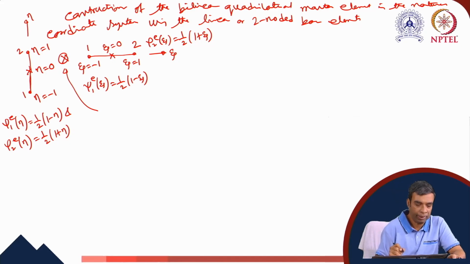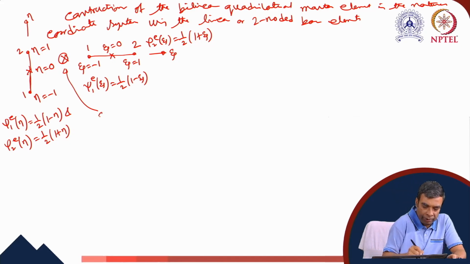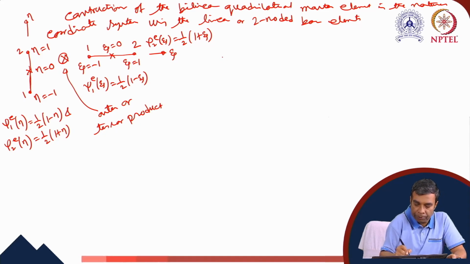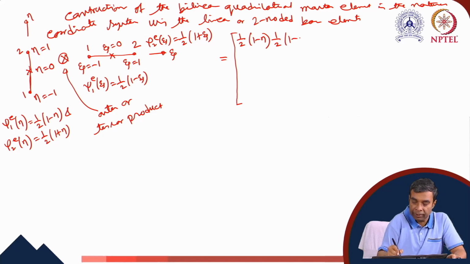quadrilateral master element. Okay, so this is the outer or tensor product. This product will give us first row, first column. So this gives us half of 1 minus eta into half of 1 minus xi. Then we have first row and second column.